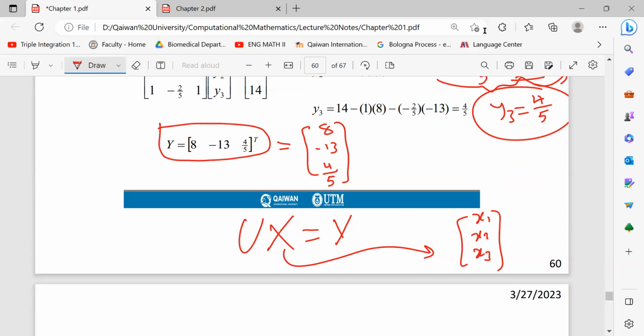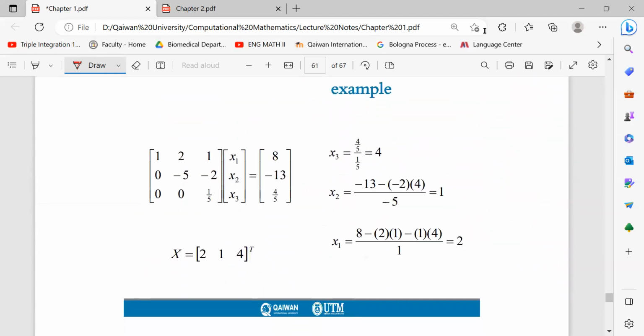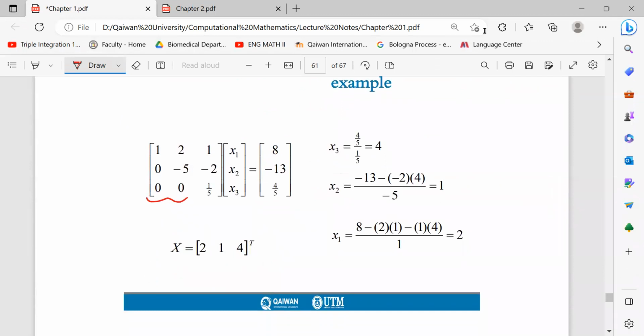What's y? Y is this matrix. We do the same as we did in the previous step, but here we start from the last one to the first one. Look, this is U, this is x, equals y. We start from the last to the first.